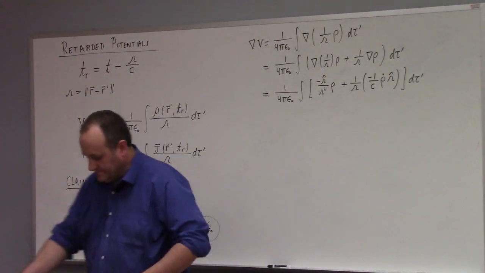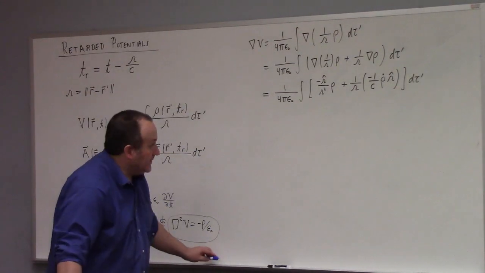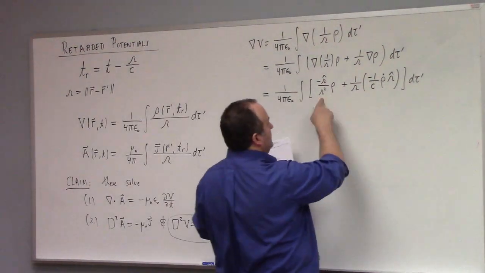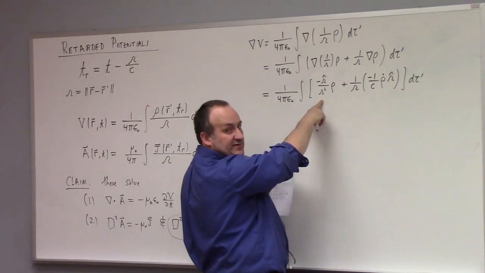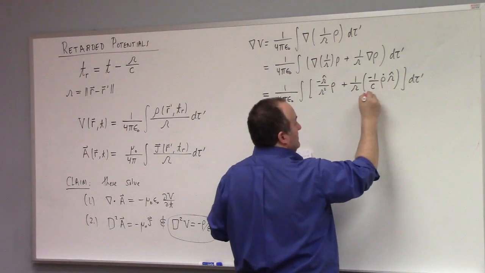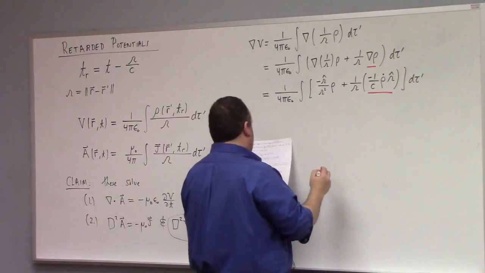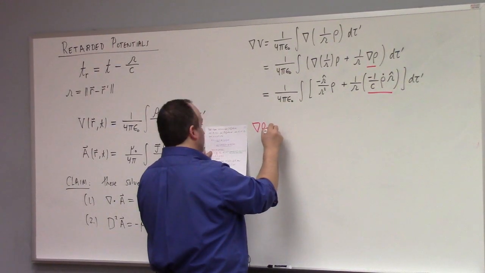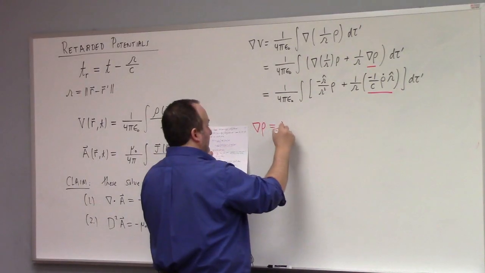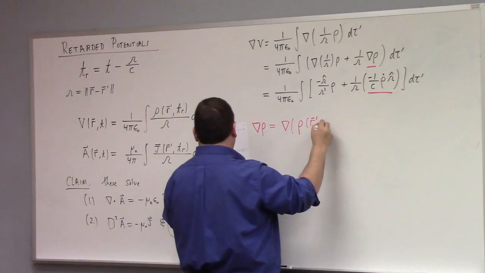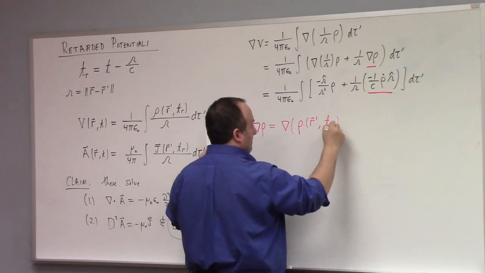Let's see if I can write this out. This piece is not mysterious. This is just stuff we've done before, right? But this piece over here is a little bit more mysterious. The logic for that is this. We're taking the gradient of rho, technically rho of r prime and the retarded time.